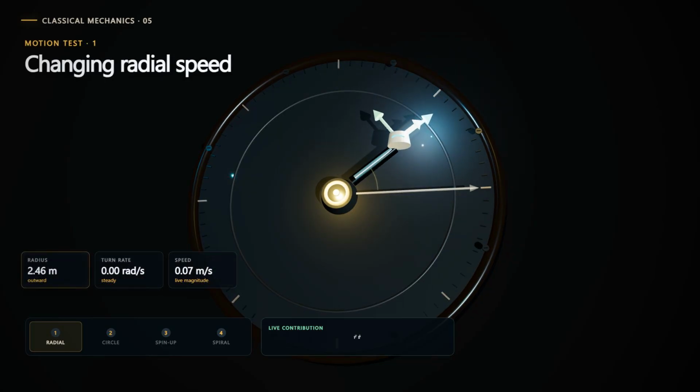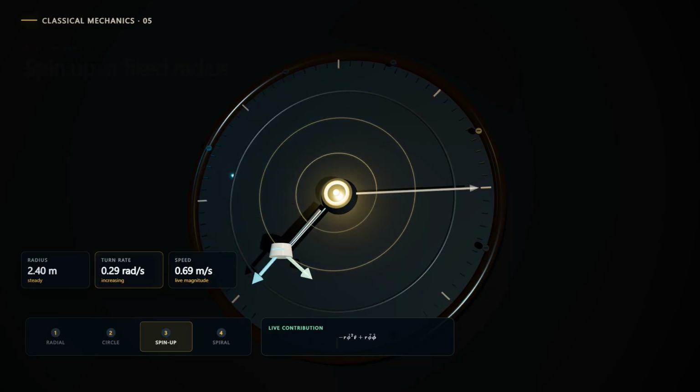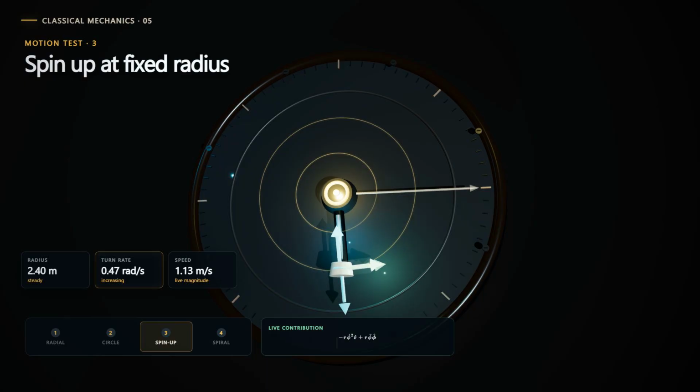Test the result. Lock phi and change only the in-out speed. The compass does not turn, so only r-double-dot survives along fixed r-hat. Lock radius and turn at constant rate. Both second derivatives vanish, yet minus r phi-dot squared remains, pointing inward as the opening arrows predicted. Keep radius fixed but increase turn rate.